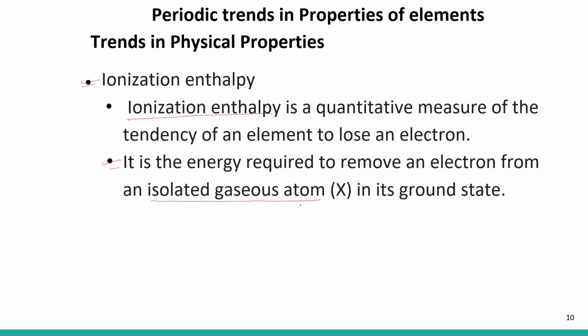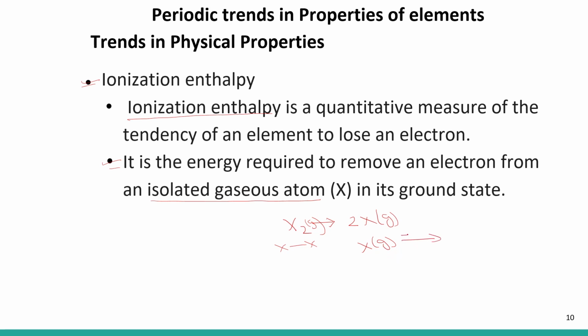So why is it so, and how is it so? Suppose we have a compound X2. To calculate the ionization enthalpy, first we have to break the bond between the two X atoms. So this is an X-X single bond, and we will get 2 atoms of X. Now we will take one atom of X, and it should be gaseous. Suppose we are taking the gaseous form of X2, like nitrogen gas. So we will get X gaseous.